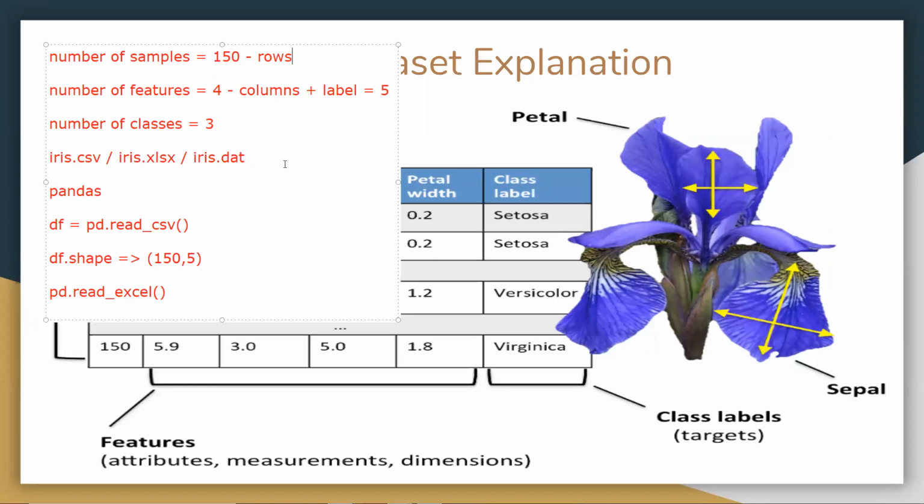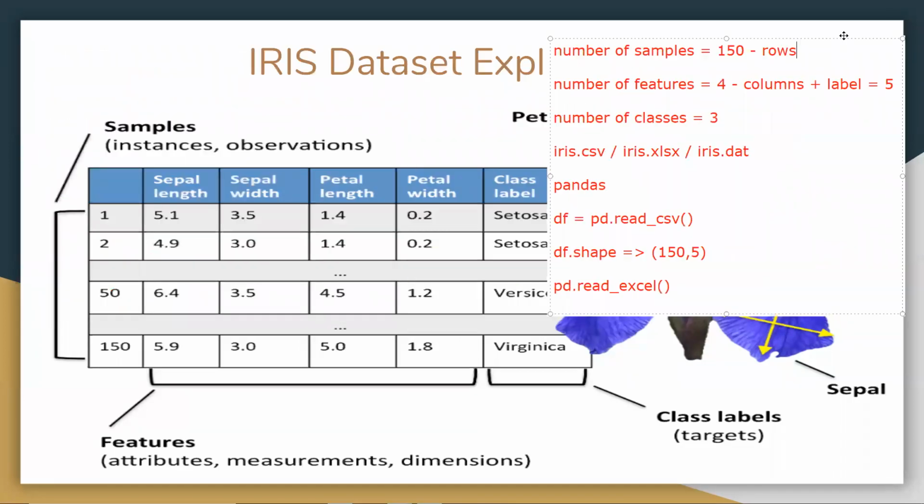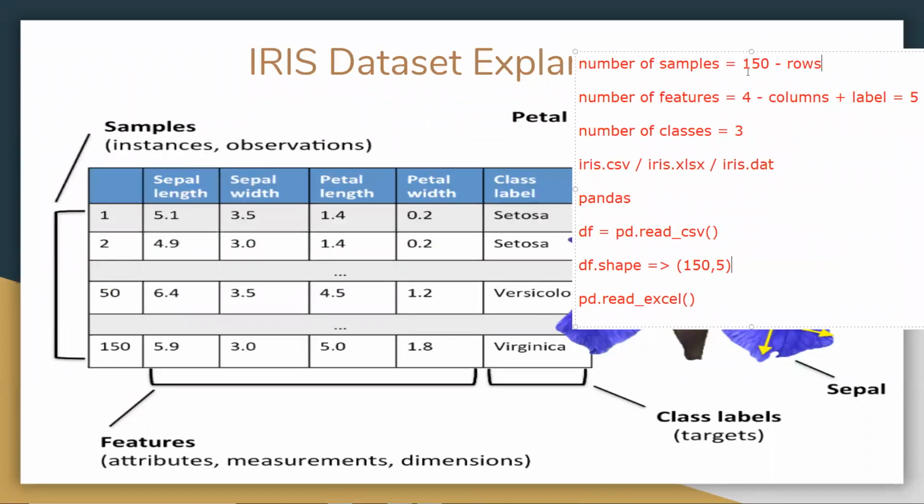Because I did not see the CSV file, I assumed it is 150 by 6. But I explained here how the CSV looks like, the Iris dataset. You only have the 4 features. 150 rows, 4 features, and the number of classes is 3. Out of this, I asked you to predict the value that you get.